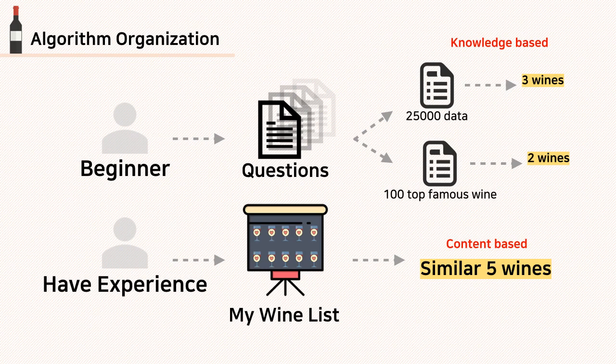For users who already have experience, we get the wine's name from the users and recommend wine based on characteristics like province, variety, year, and others, based on similar wine recommendation. The user can add or delete from My Wine List. This continues, and after getting many recommendations, the user can have more unique and accurate recommendations based on the updated My Wine List.